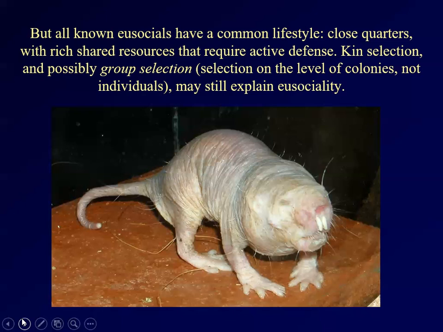So there's a sense in which you can look at a human body as a collection of cells. But selection does not really act for very long at the level of individual cells.